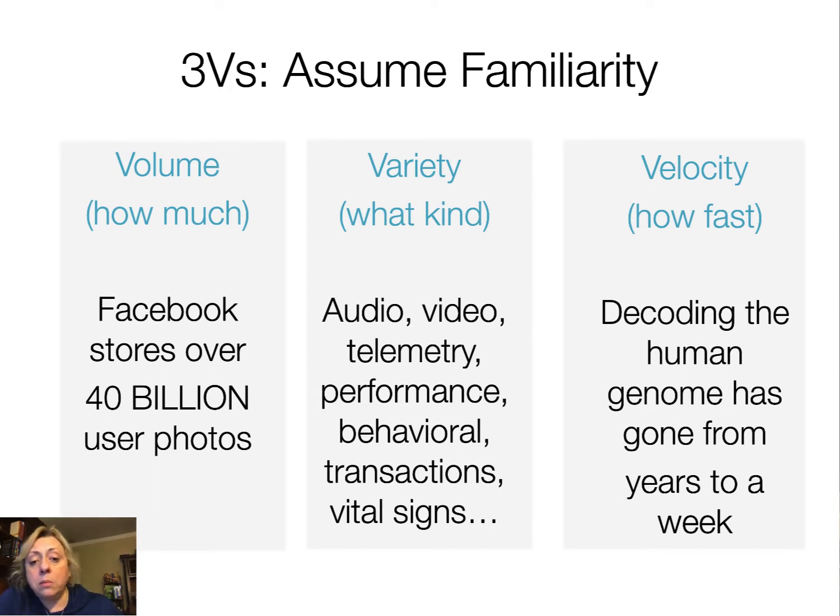This is where we're talking about velocity, moving to the cloud, having big data repositories, and being able to interact with this data. One example is decoding the human genome. It was really difficult to accomplish until we reached the era of big data, where we were able to store huge amounts of data, look at the patterns amongst them, and decode human DNA.